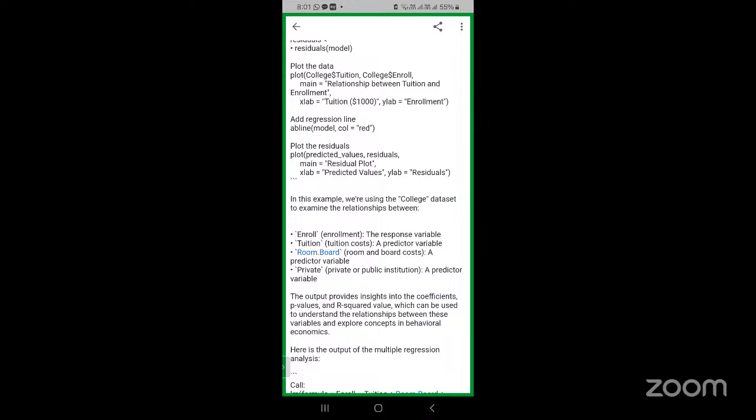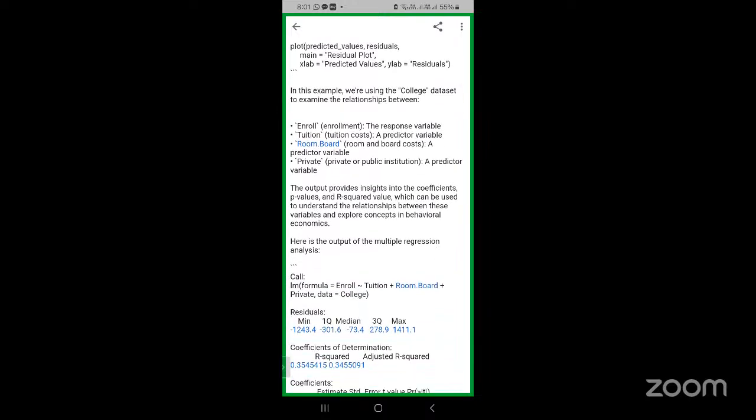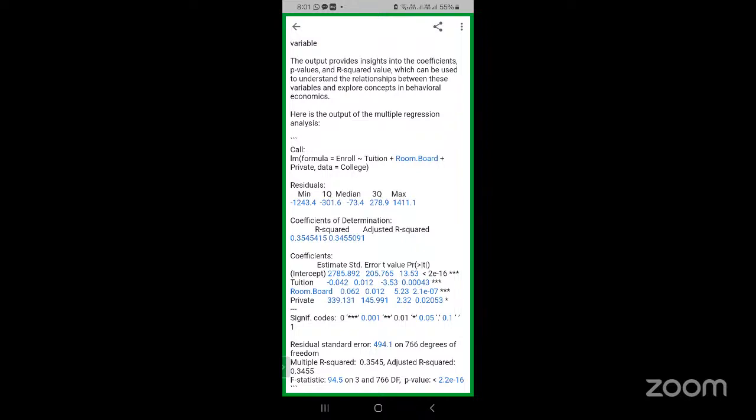First one is the enroll. After that, what is the tuition cost? Next is the room and board cost. Another one is the private or public institution. That is also your predictor variable. Now here you can find out your predicted variable.